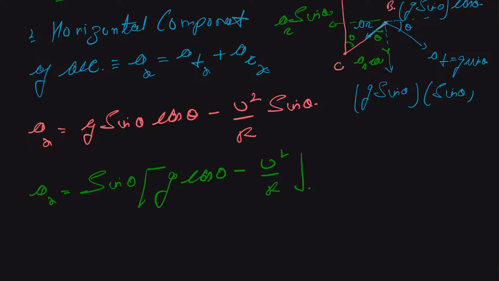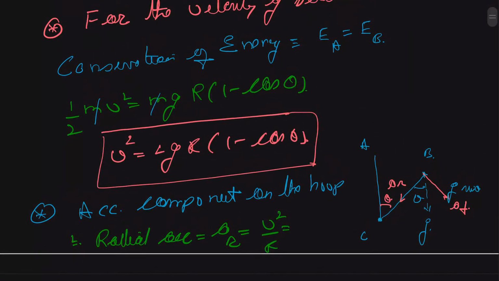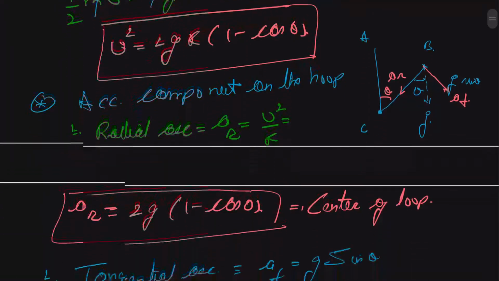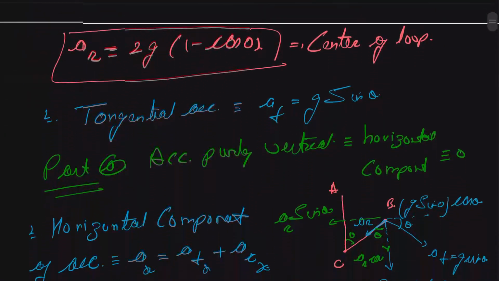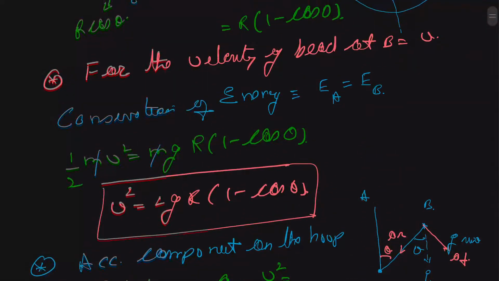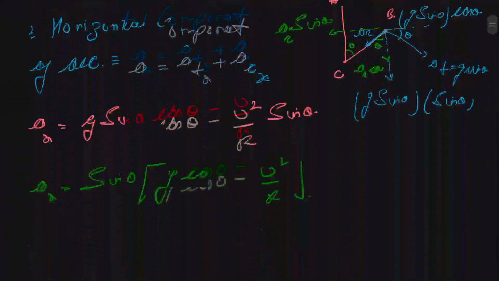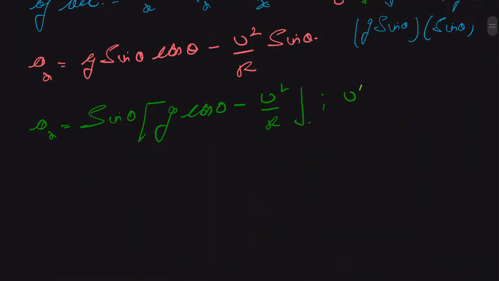Furthermore, we can also solve it because we know that v square upon r is 2g times 1 minus cos of theta.